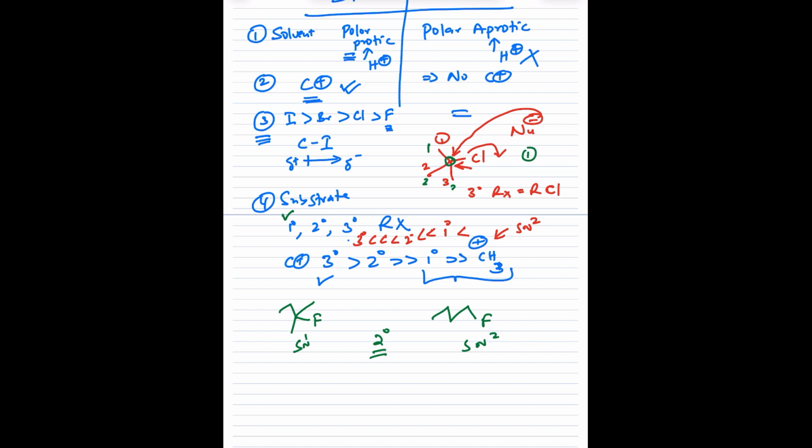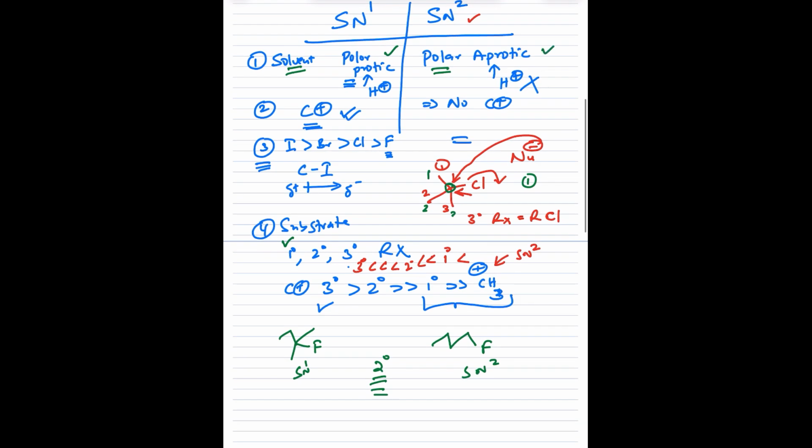And then you have to look at other things, and that's where things like solvent will come into play. So if you have polar protic solvent and a secondary substrate, then that will be SN1. If you have polar aprotic solvent and a secondary substrate, then that will be SN2.